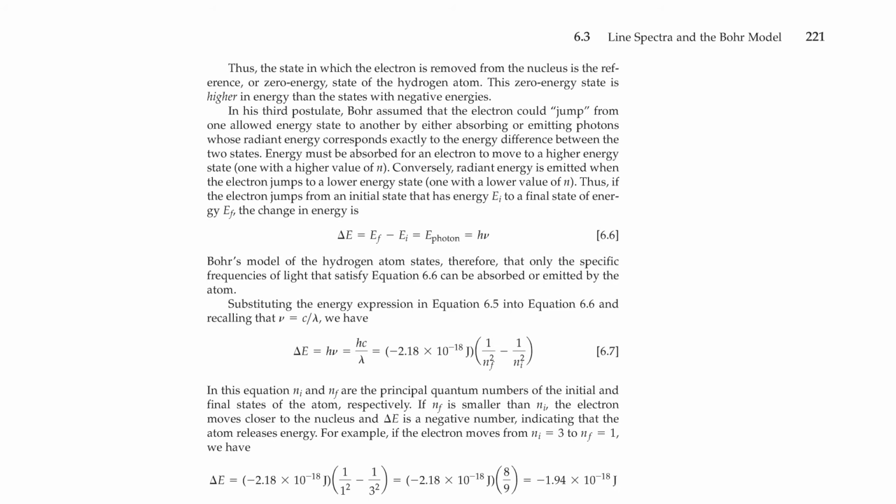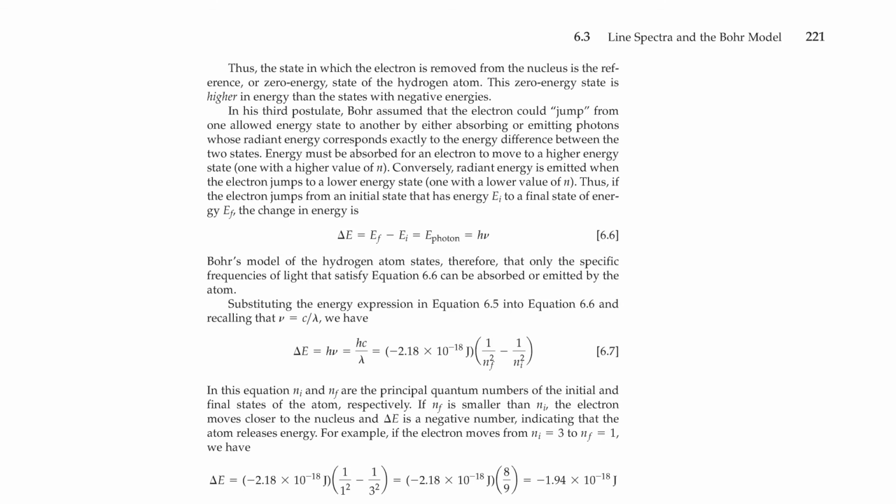Thus, if the electron jumps from an initial state of energy E_i to a final state of energy E_f, the change in energy is delta E equals h nu. Bohr's model of the hydrogen atom states, therefore, that only the specific frequencies of light that satisfy equation 6.6 can be absorbed or emitted by the atom.